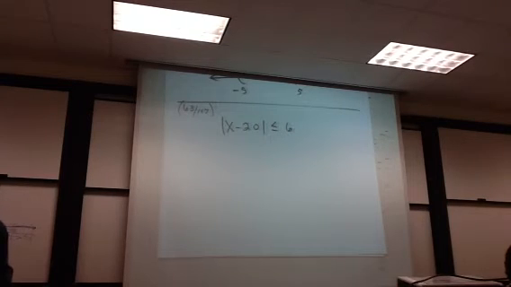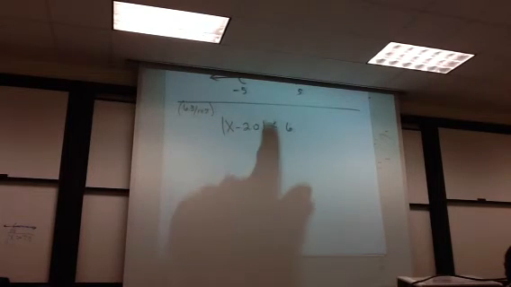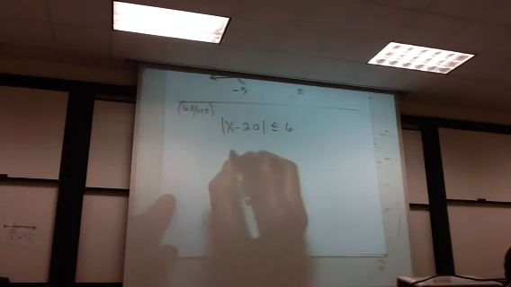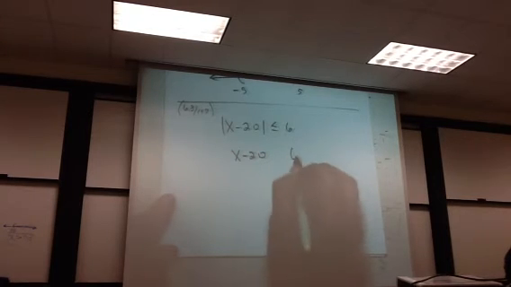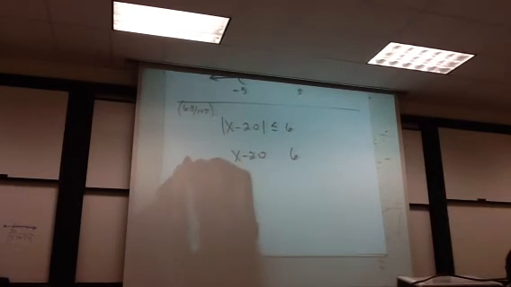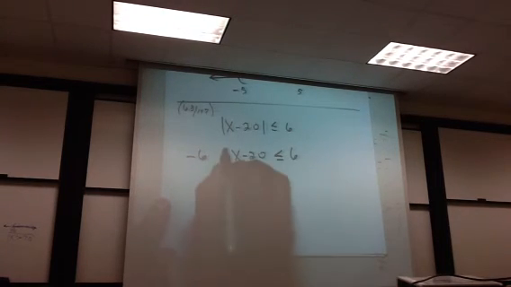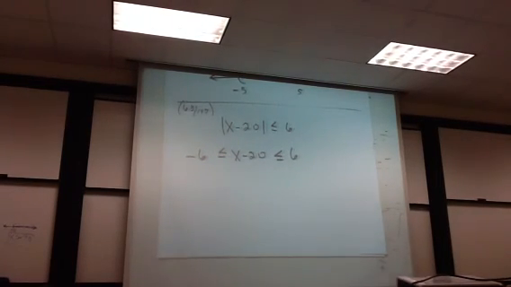So we're still going to start off the same way. Whatever's in the absolute value is in between the number and its opposite. Arrows always point toward a smaller number.